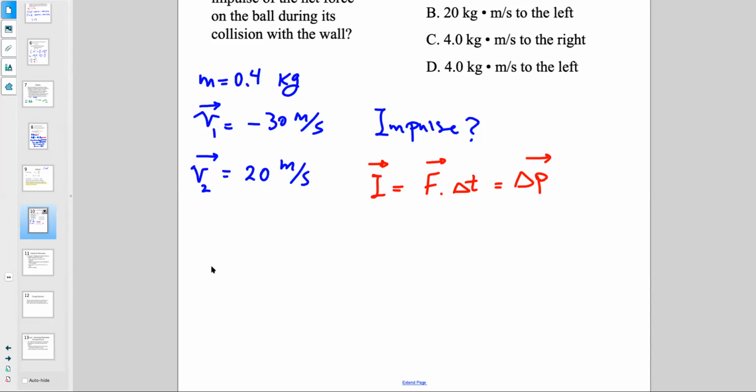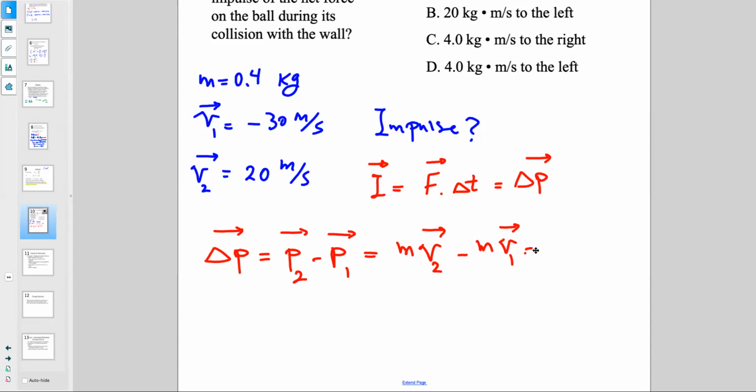I can write delta p as p2 minus p1, and p2 is mv2. Remember, these are all vectors, so I need an arrow on top. Minus mv1. I can factor out m, and I have m times (v2 minus v1).